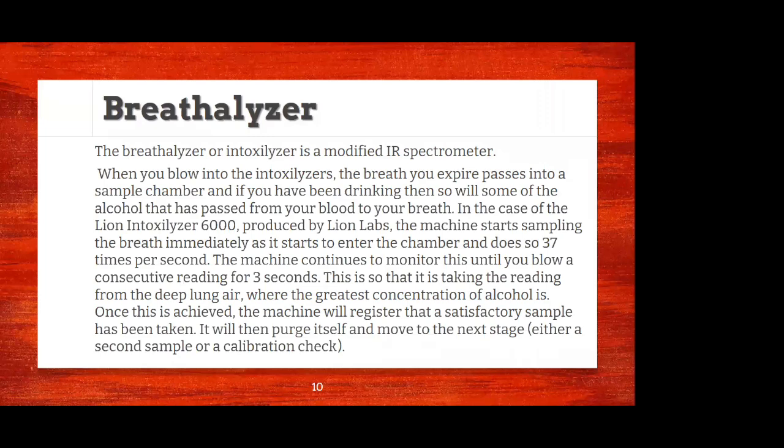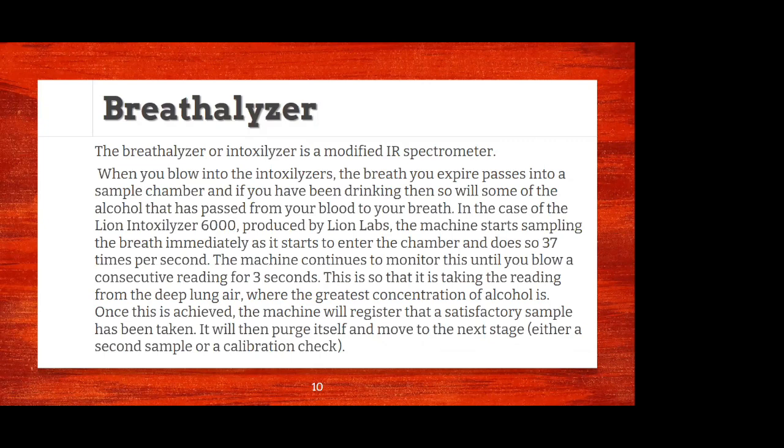This is so that it is taking the reading from the deep lung air where the greatest concentration of alcohol is. Once this is achieved, the machine will register that a satisfactory sample has been taken. It will then purge itself and move to the next stage, either a second sample or a calibration check.